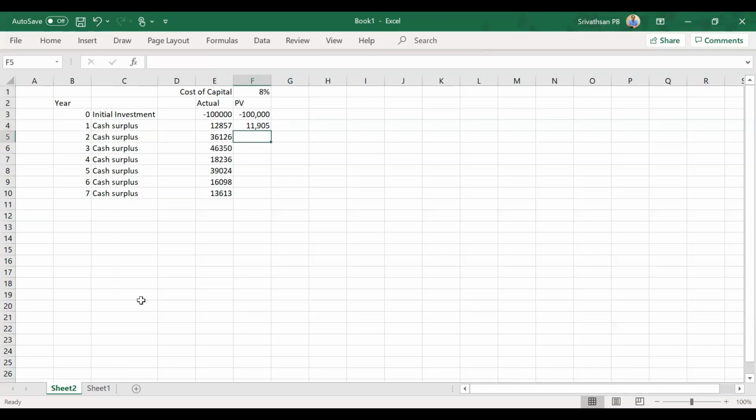Next year, since I've used a formula, power 2. Whatever I received, since it's after 2 years, I have to bring it down to today's terms. So I discounted 2 times using 8%. The same way I'm doing it for all the years.